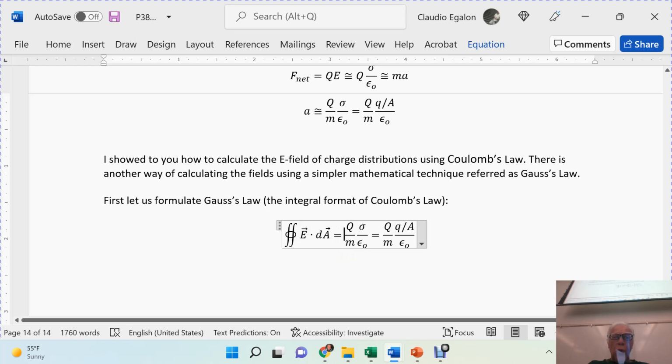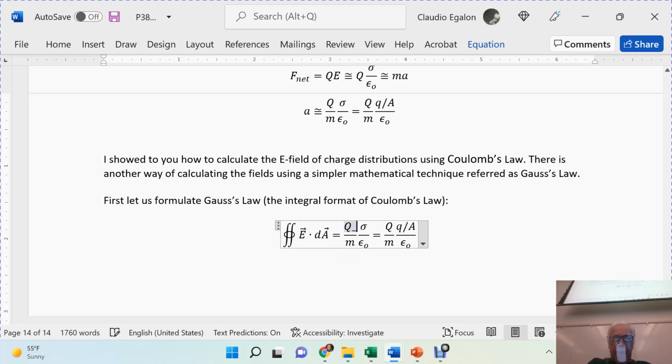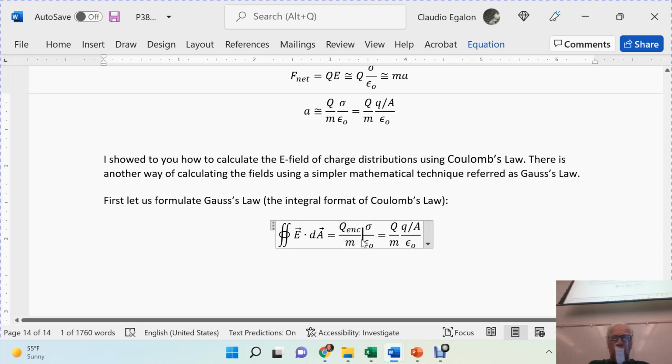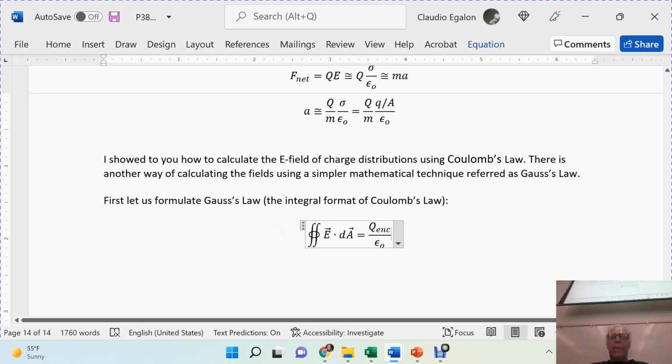And then we have something else too. We have Q on the right side, but it's a special type of Q. We call it enclosed Q, divided by epsilon naught. Can you remember that? That is one of the laws of physics.